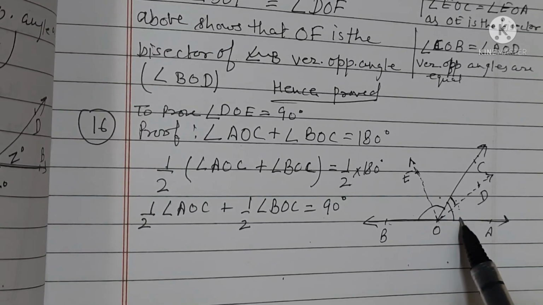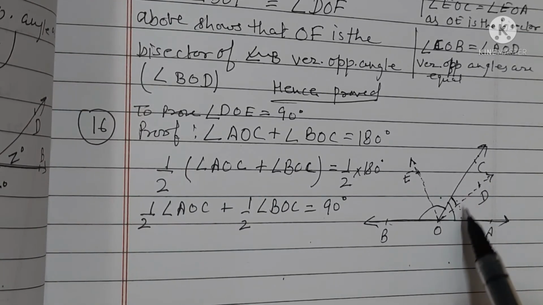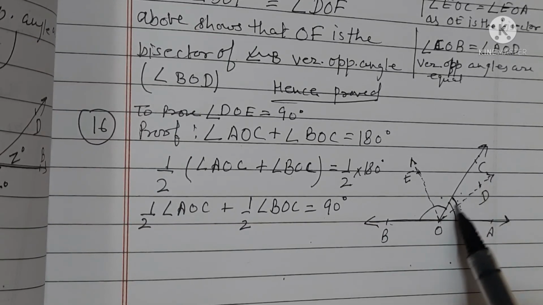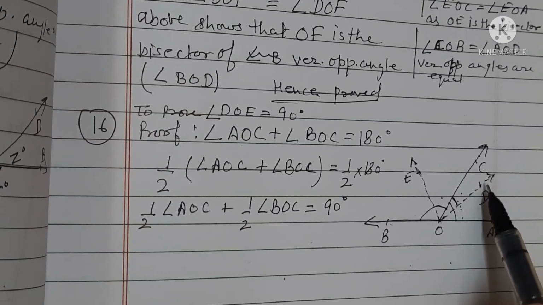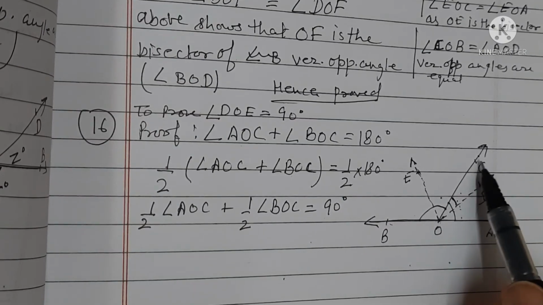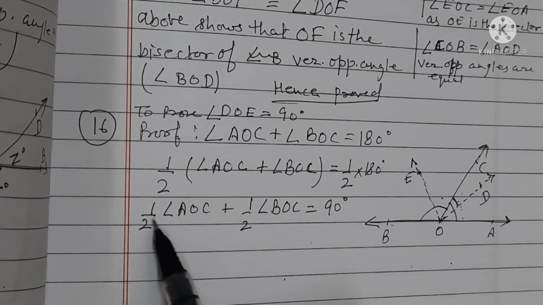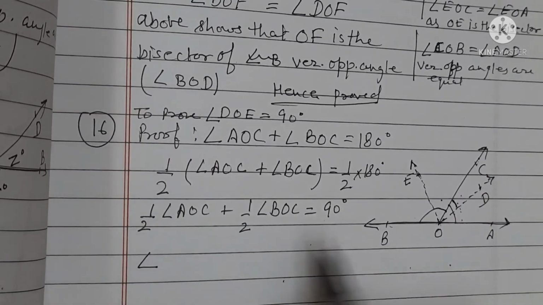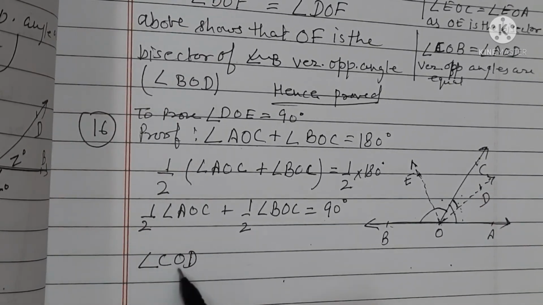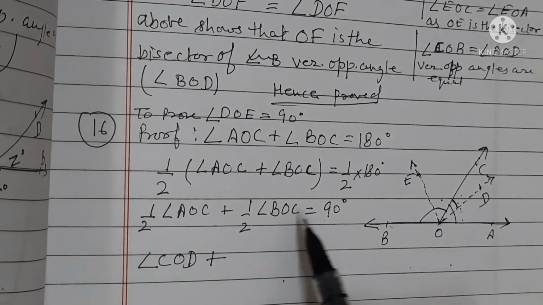This is also half, because OD is the bisector. Both are equal. So we are taking this part. You can write it angle DOC, or you can say COD, same thing. So half of AOC becomes angle COD. You can write it as angle COD plus half of BOC.